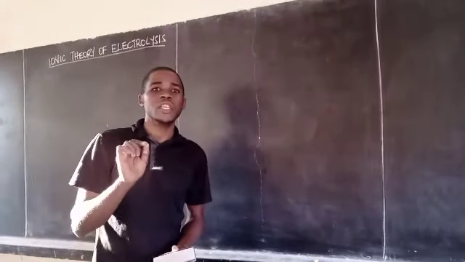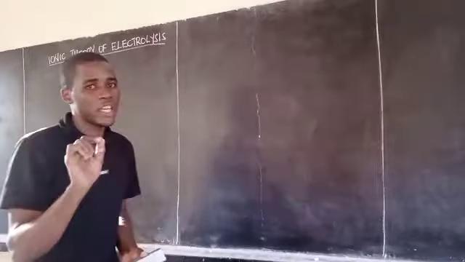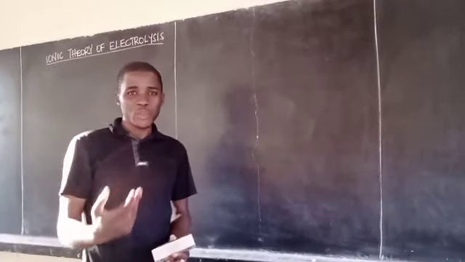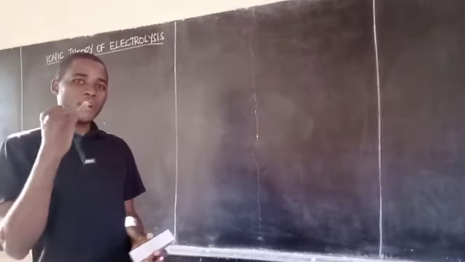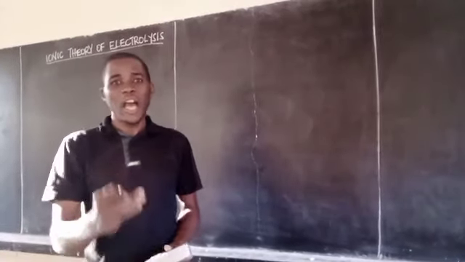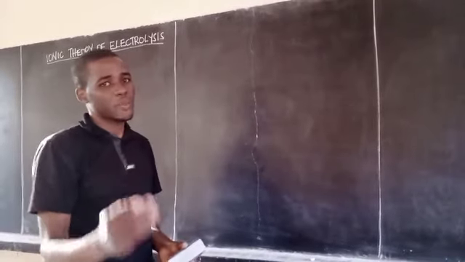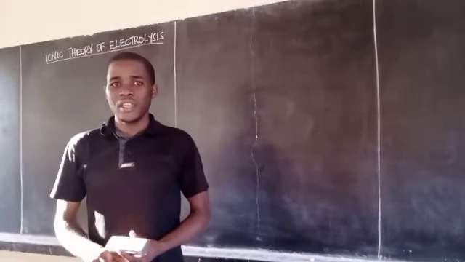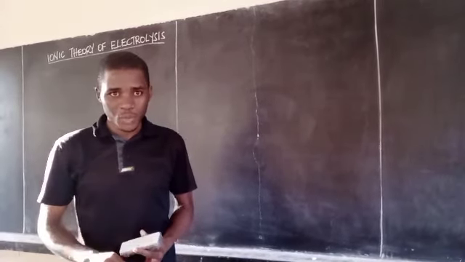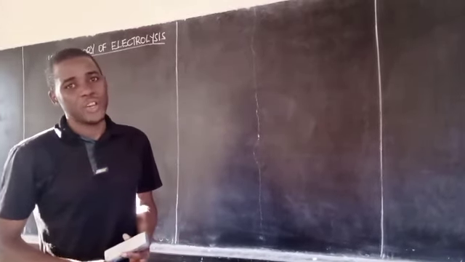Remember, in our previous lesson, we defined electrolysis as the decomposition of a substance which must be in either molten form or solution form. It happens when current is passed through this substance, which is called an electrolyte.